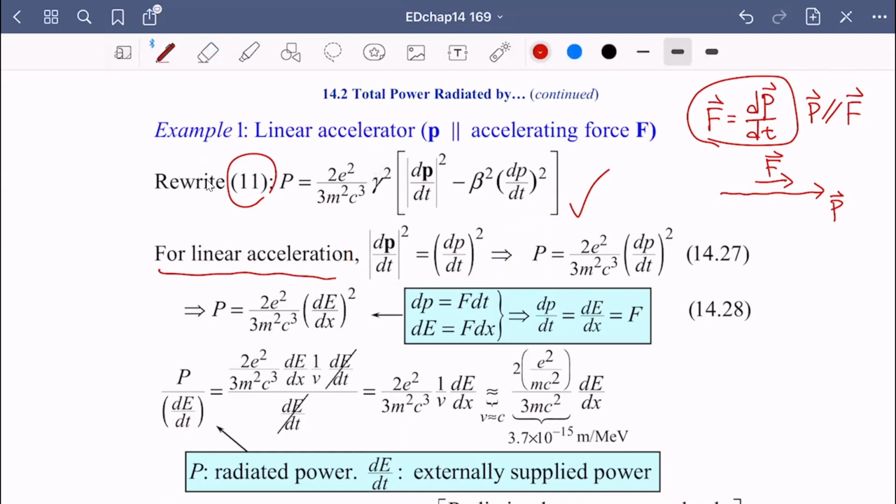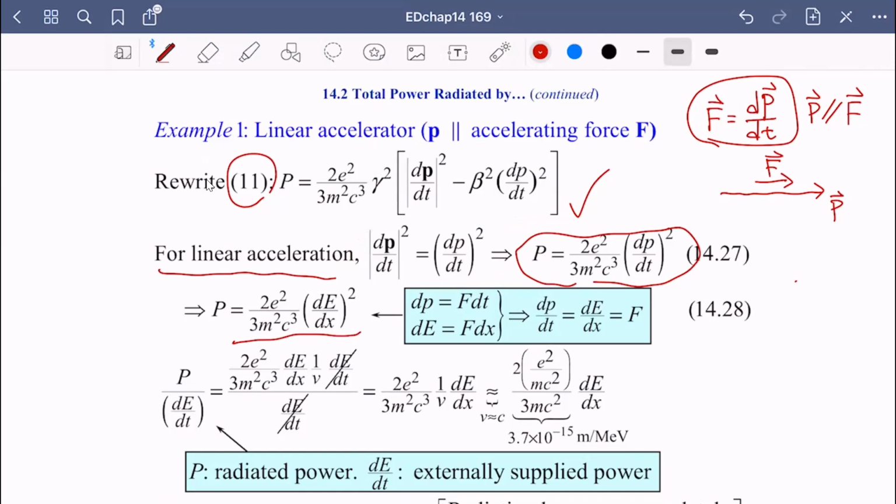Therefore, eventually we have this simple expression, and momentum, total power radiated. I'm sorry, we have too much notation here. P is here, dP dE.